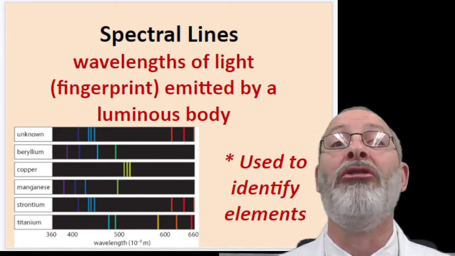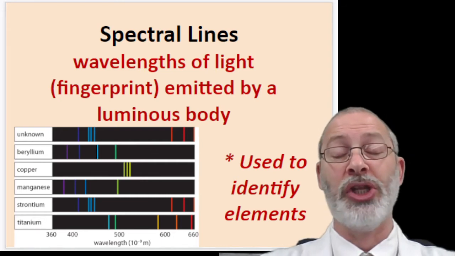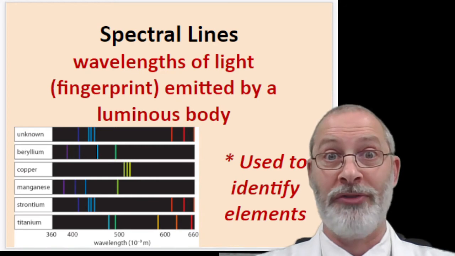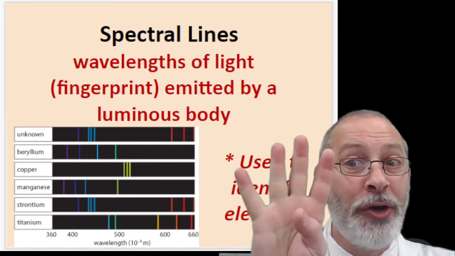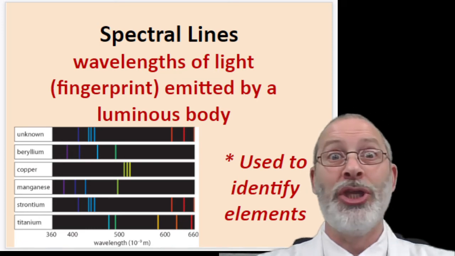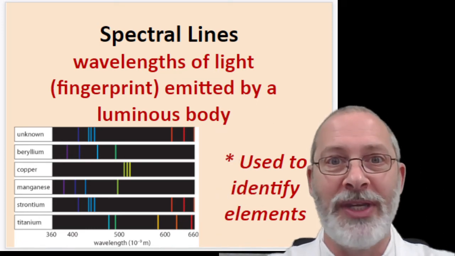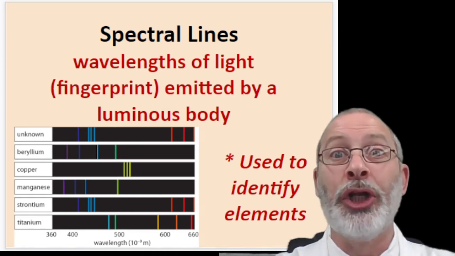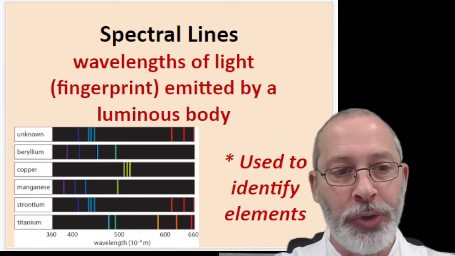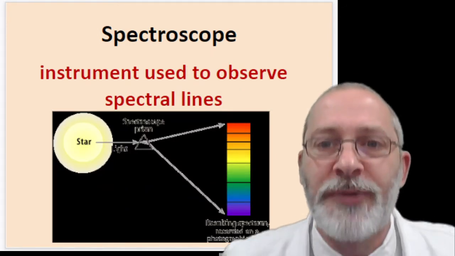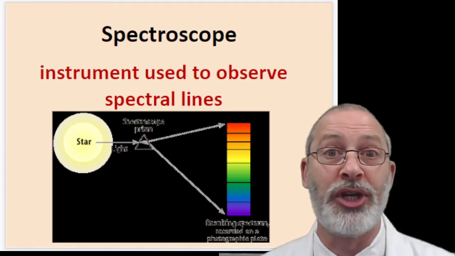I think that's remarkable, because the laws of the universe exist throughout the universe, and the fingerprints of light don't lie. The universe is like a big crime scene, and astronomers are like the detectives to find the clues and make conclusions. So I've been making a lot of reference to this thing called spectroscopes, so let's look at it a little bit closer.